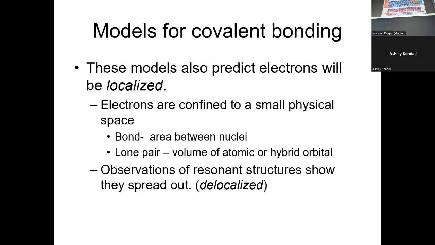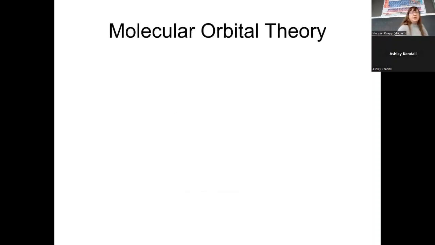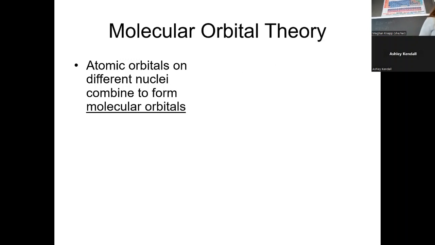And so that overlap of those atomic orbitals is going to help us come up with a molecular orbital. All right, so the atomic orbitals on different nuclei are going to overlap to form molecular orbitals. If they're on the same nuclei, that's valence bond theory. On different nuclei, it's going to be molecular orbitals.